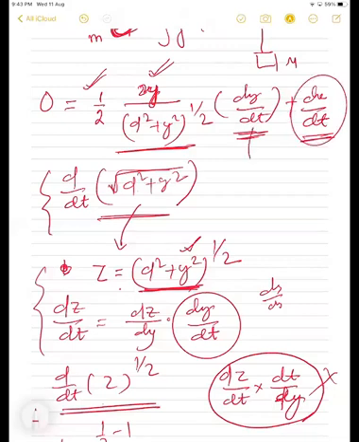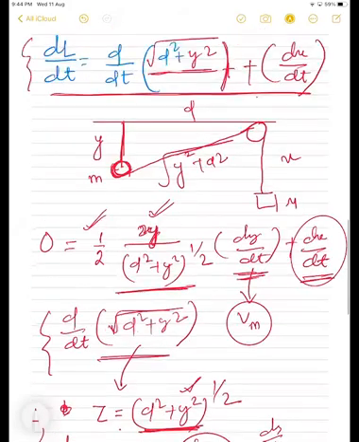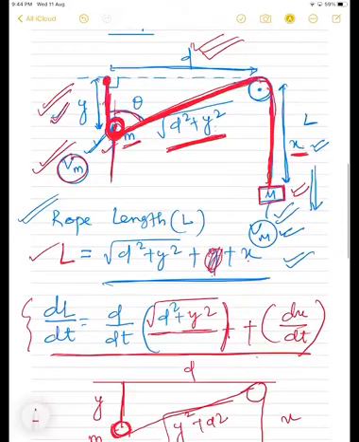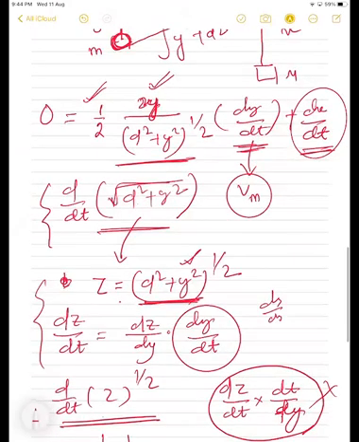So this dy by dt is what? Velocity of the small ring, correct? And dx by dt is what? Velocity of the block, capital M. Yes or no, students?